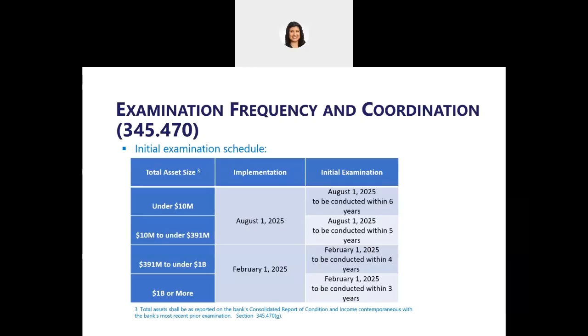For any bank 391 million and above, these exams commence on February 1st, 2025, and shall be conducted within 4 years and within 3 years, respectively, for 391 to under 1 billion and 1 billion or more.